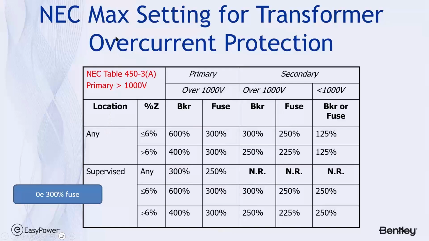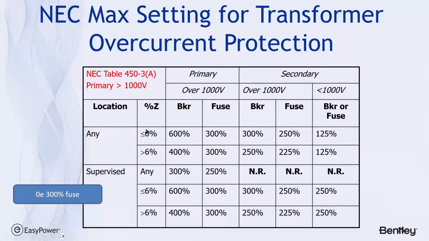Now, the National Electrical Code sets recommended protection for transformer overcurrent protection with this chart, which shows primary protection for the primary side of over 1,000 volts and secondary of under 1,000 and over 1,000, over and under.